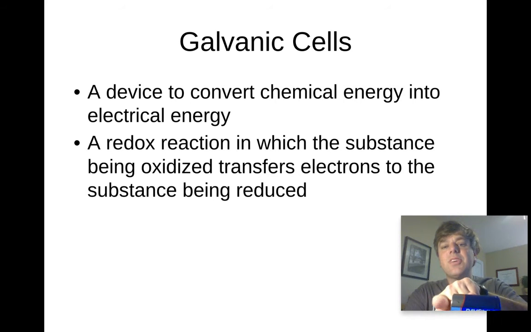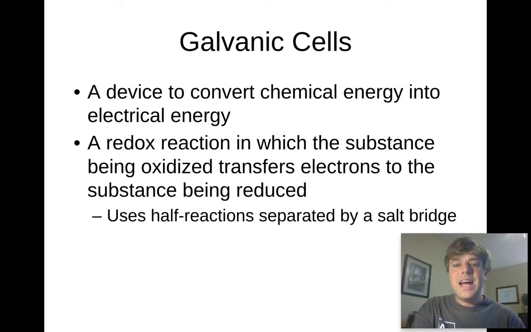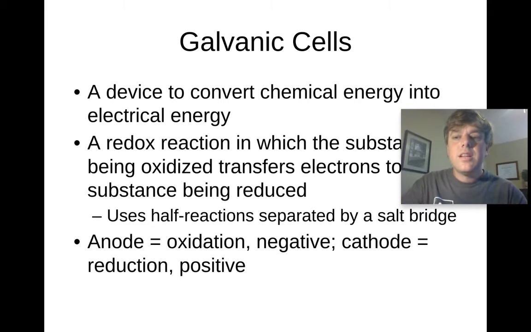And then on the other side, the positive end is connected to the reduction side where the electrons are being gained. Essentially, there are half reactions that are separated by a salt bridge. So you have oxidation taking place in one part, reduction in the other, and they're separated by this device called a salt bridge that will separate the reactions but allow electrical charge to flow.